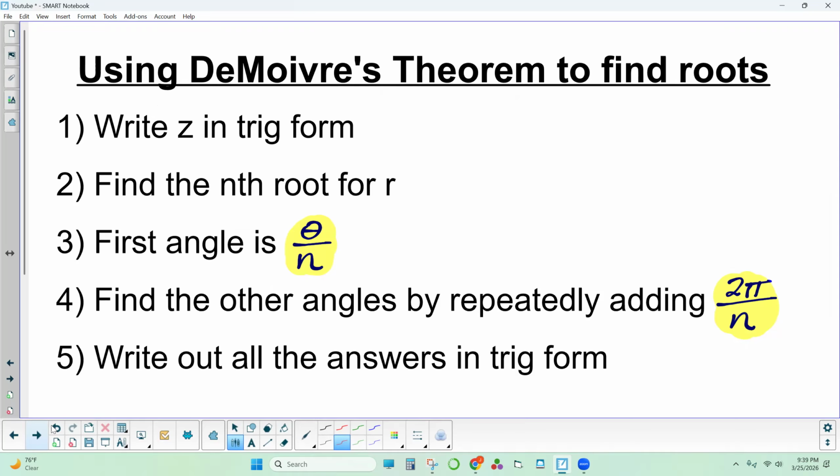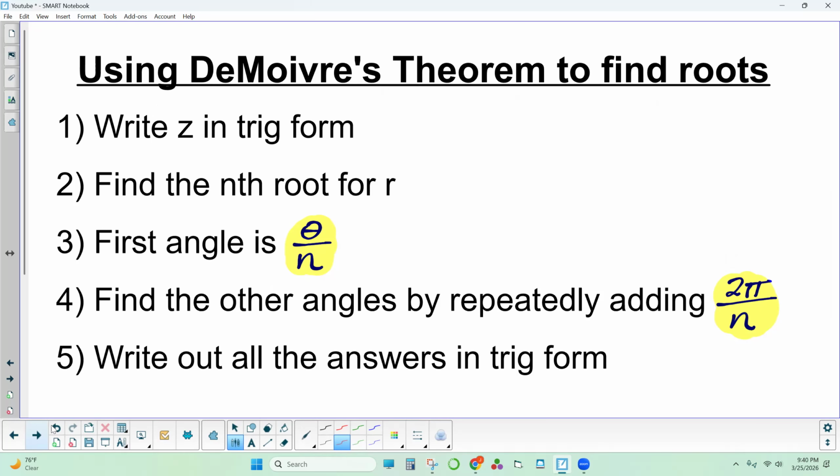So you're going to take r of your complex number and find the nth root, which will be in the question. Step 3, we're going to find the first angle by taking theta and dividing it by n. And then we're going to find the other angles by repeatedly adding 2 pi over n like we just did. And then you write out all your answers in trig form.